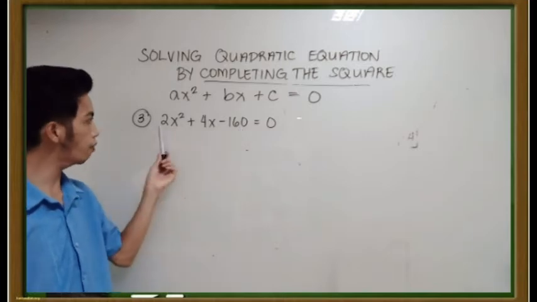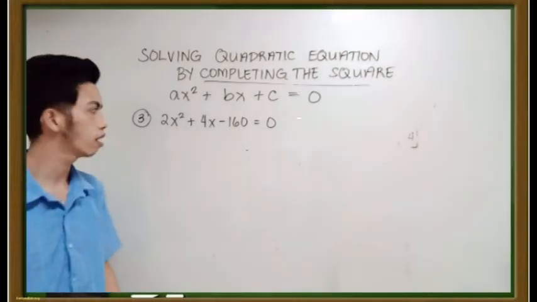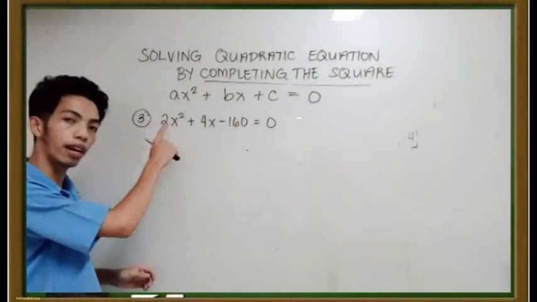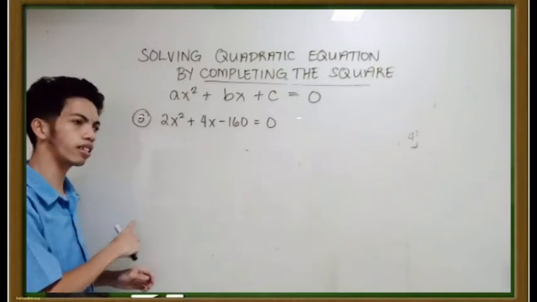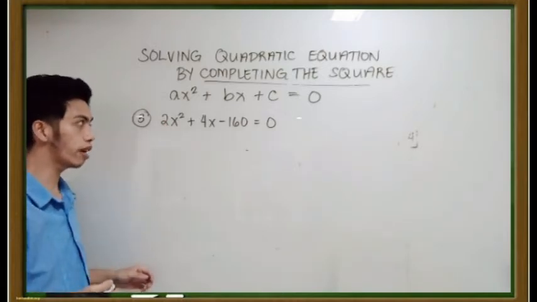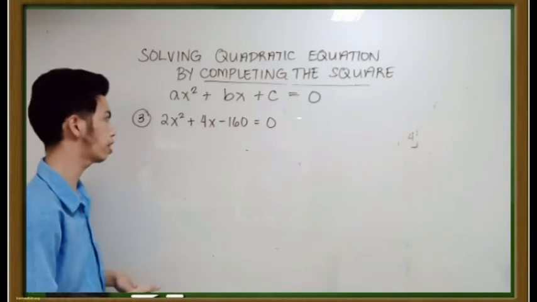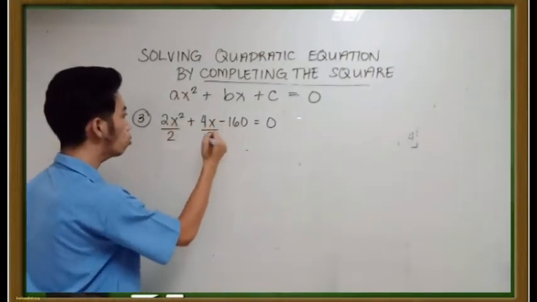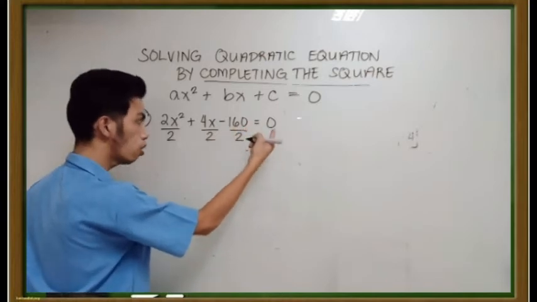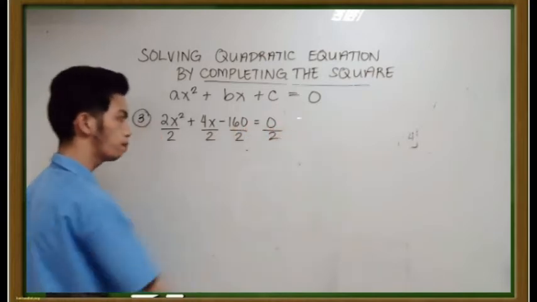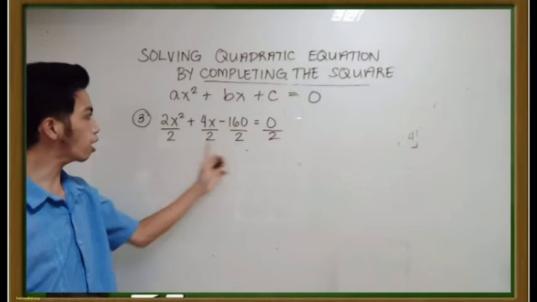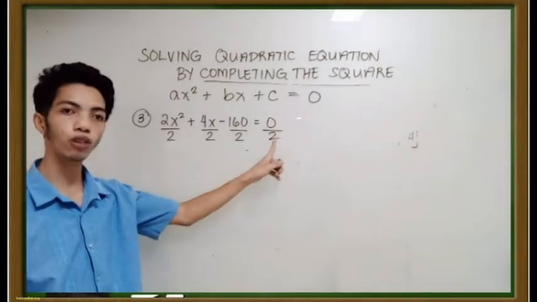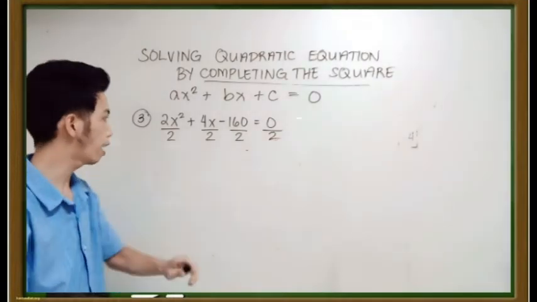So therefore, I can divide all terms by 2. Kasi ayaw mo na may numerical coefficient si x squared kasi hindi siya madaling i-determine kung siya nga ba ay perfect square o hindi. So divide mo by 2, divide by 2, divide by 2, and also yung 0, i-divide mo din sa 2. Kasi nga, kung anong action na ginawa mo sa left side, dapat yun din yung action na gagawin mo sa right side.